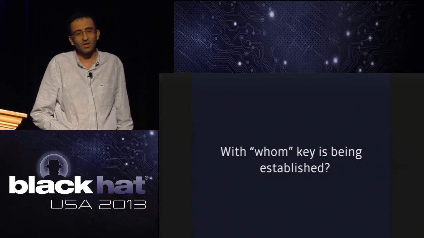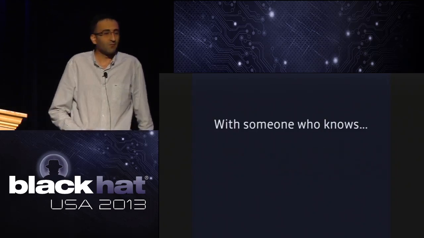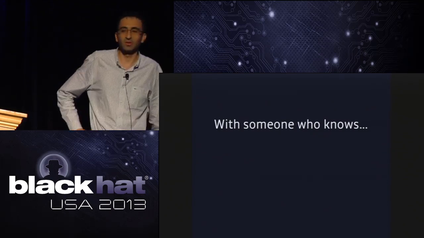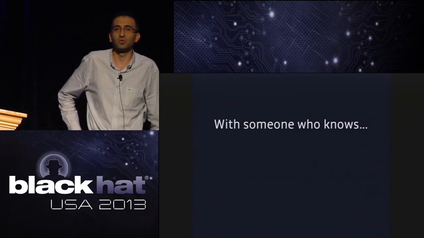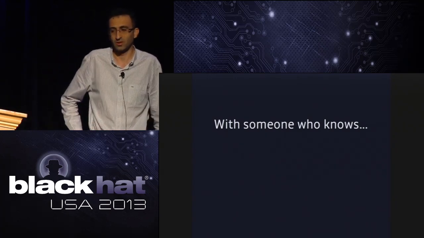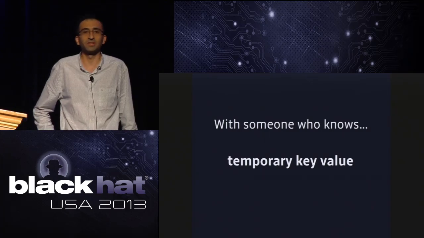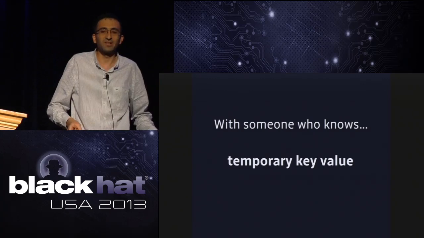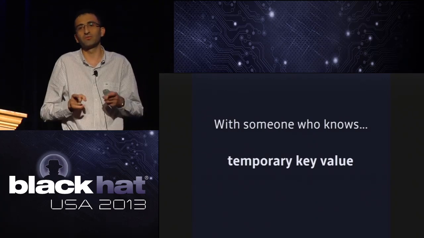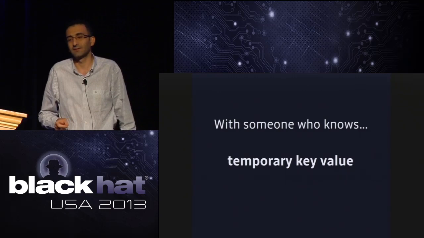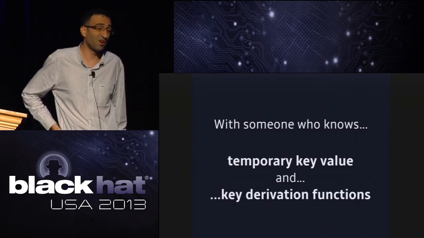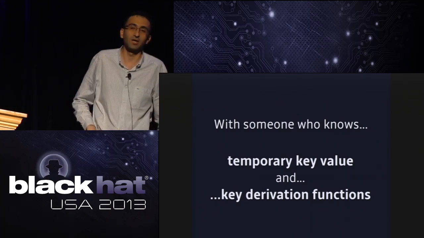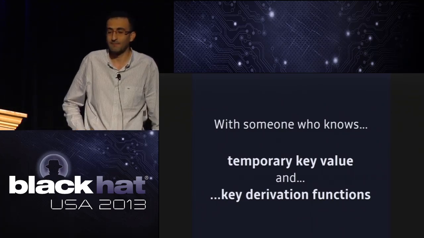The assumption of this protocol was that if someone wants to run it, that person should know a couple of pieces of information. First, the temporary key value, which was used to encrypt and send the new network key, and the key derivation functions, which were later used to derive two other keys from the newly received key.